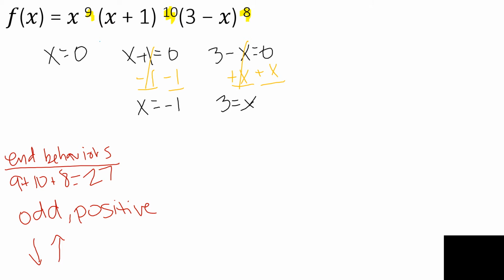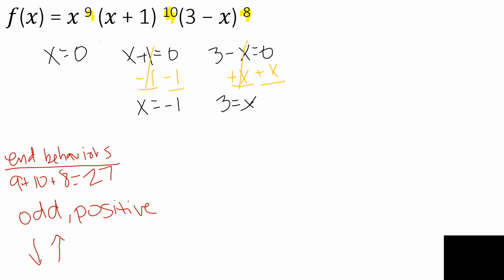Okay, now we need to figure out what's going on at each of these points. Now remember the multiplicity, or the power, of each answer that we got up here for x equals 0, -1, and 3. So when the power of x is even, we will be touching the x-axis.